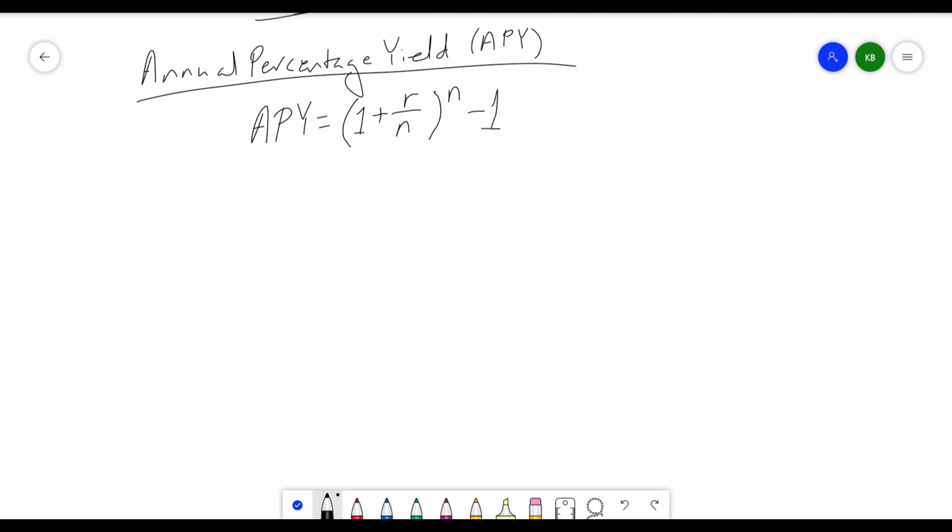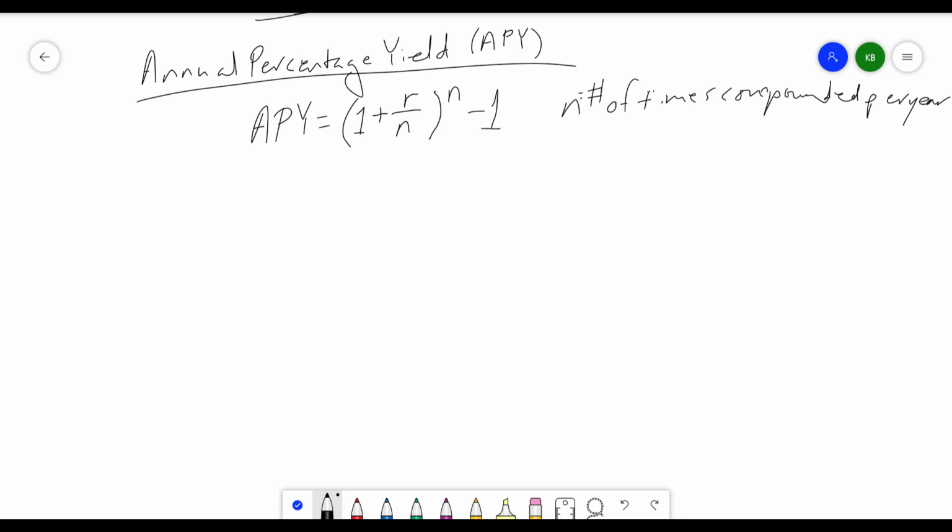Now I used n for this before, and I always use n. n is the number of times compounded per year that our interest is going to be compounded every year. All right. Your book uses a capital T here, which I think is misleading because it uses a capital T in other places as well. So we'll stick to n for the number of times compounded per year.